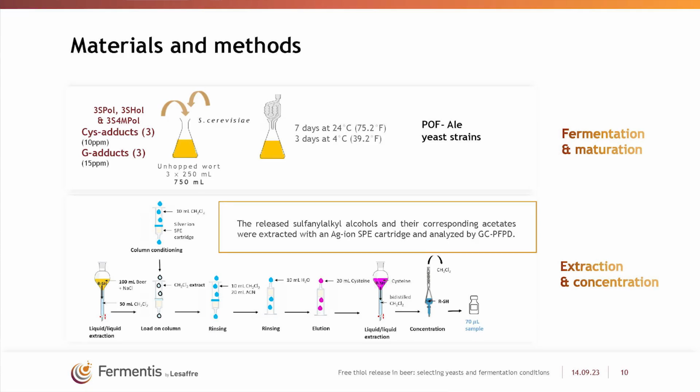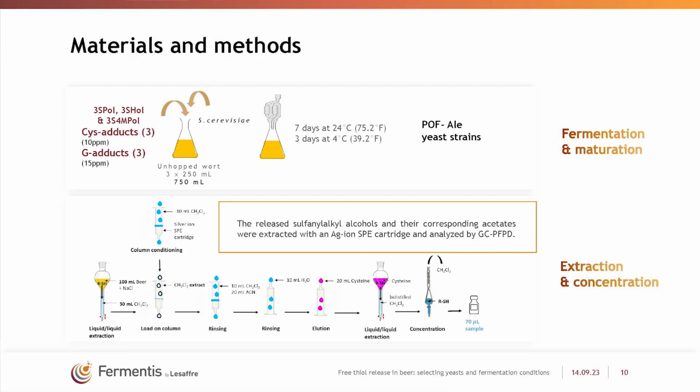And here's the protocol that we used. To make it more consistent, we did not use fresh hops because you have variations between batches. We wanted to get rid of that, so we used synthetic aromatic precursors, cysteine adducts and glutathione adducts, that we added in a non-hopped wort.